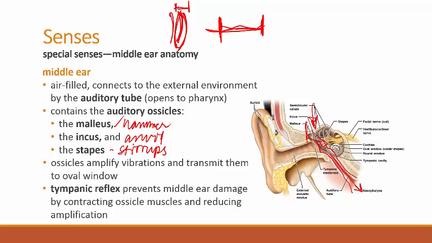This is easy to happen because the auditory tube can get plugged up with mucus secretions if we're producing a whole bunch of mucus, like if we have a cold or some other sinus infection, and that infection is backing up into the auditory tube.